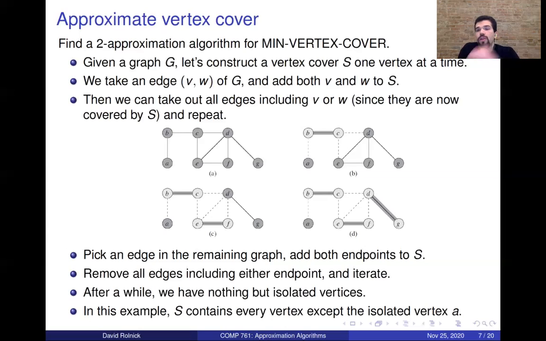We could just suppose that the edges of the graph are given to us in some order. We just pick the next edge. It doesn't matter what the order is. It doesn't have to be random. Just literally any order will work. Good question.